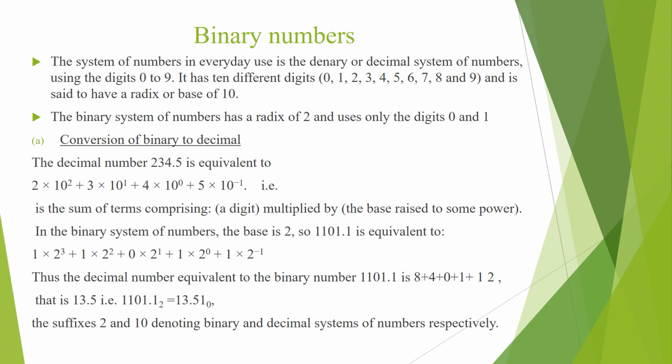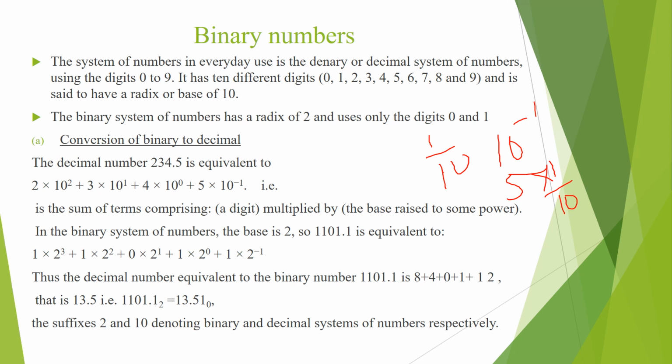For instance, if I take 5, the place value of 5 is a tenth, and a tenth means 1 out of 10, which in indices we can write as 10 raised to power negative 1. So the total value of 5 will be 5 multiplied by 1 out of 10, which is 0.5.